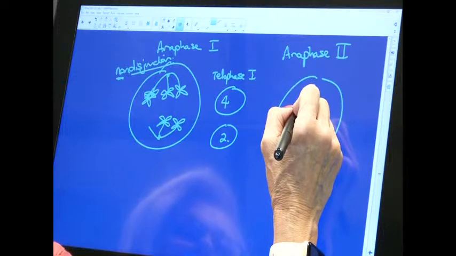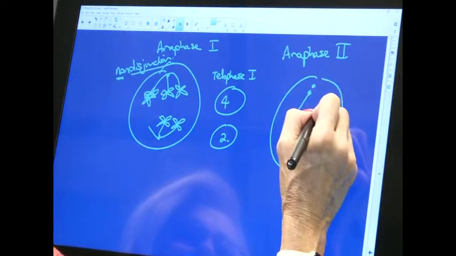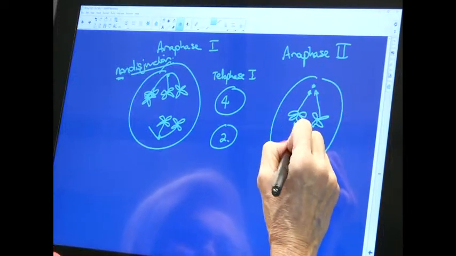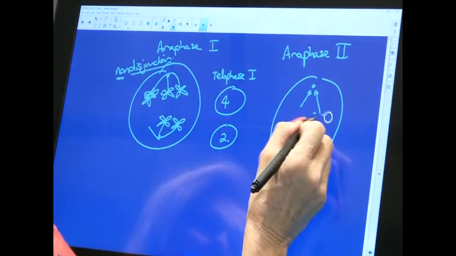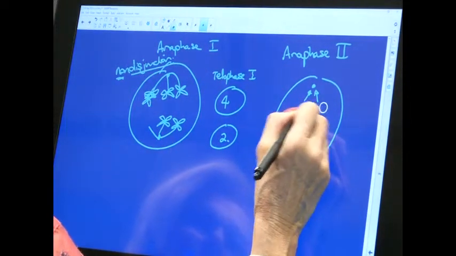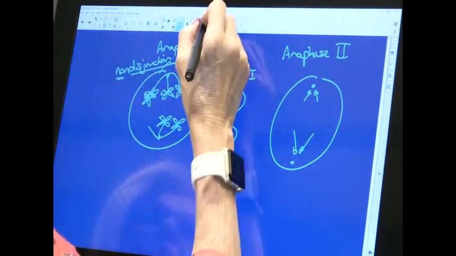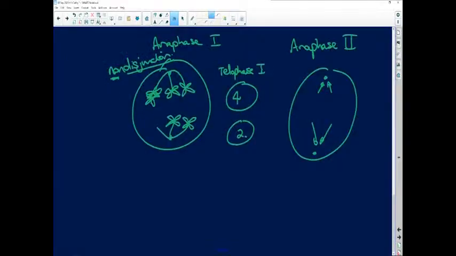So what happens? This one pulls that way, that one pulls that way, this one this way, and that one that way, so they look like this. Because you've got a single row of chromosomes. So I now sit with a little boomerang this way, and this would be normal.